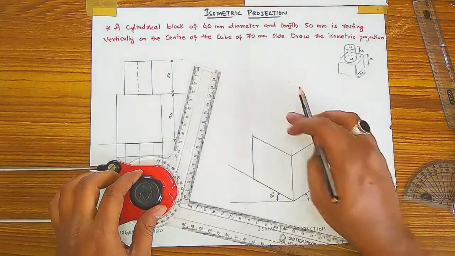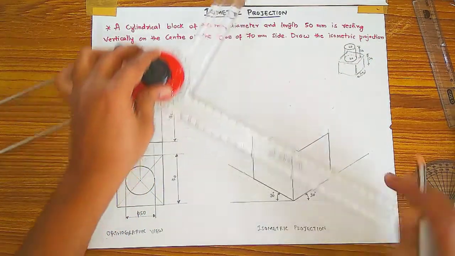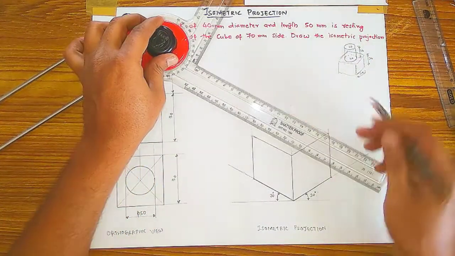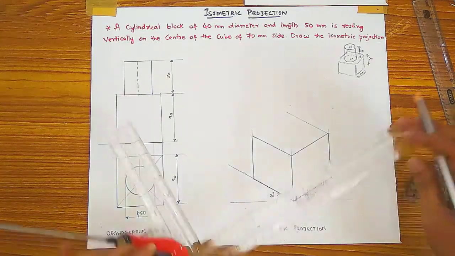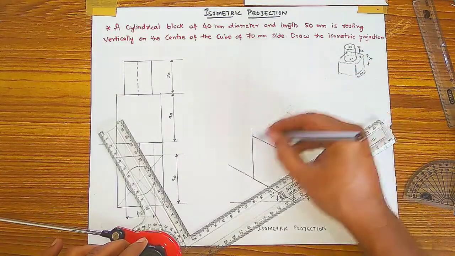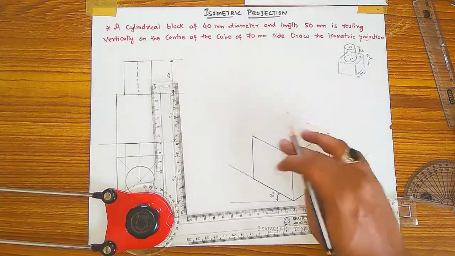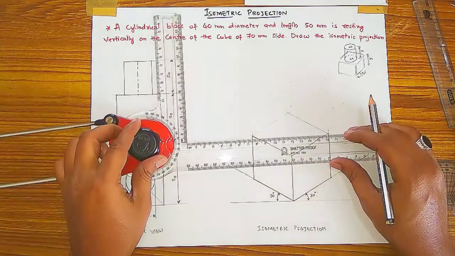Then after, to draw these two lines, adjust your set square with the 30-degree angle line, and from this end draw a line like this, and with this angle also adjust your set square and draw a line like this. Where these two lines are meeting, your cube's upper portion is drawn. Then you have to remove the center line.